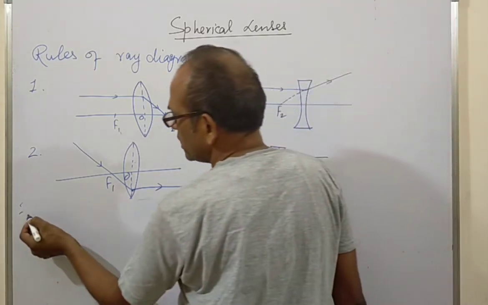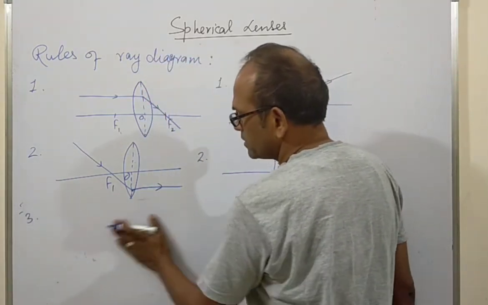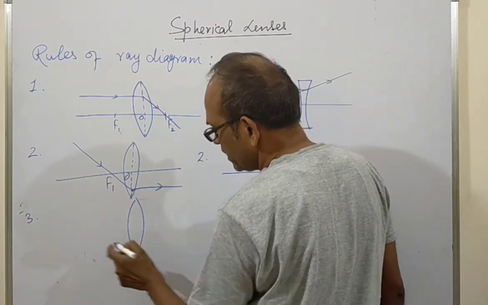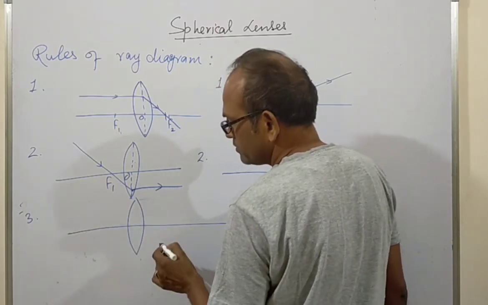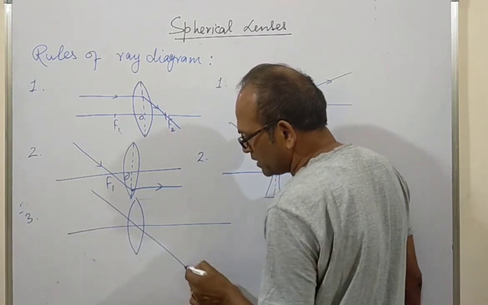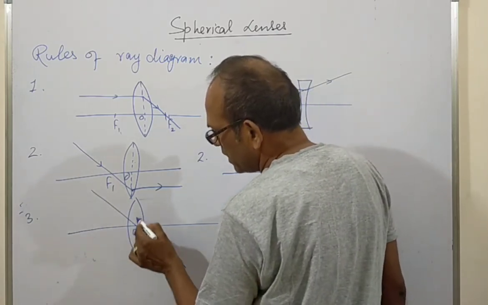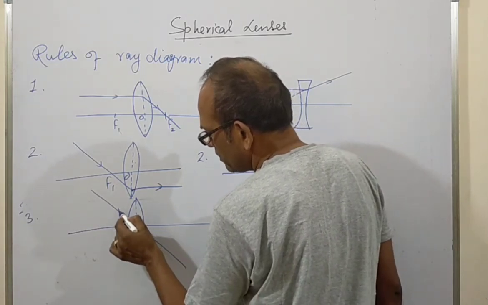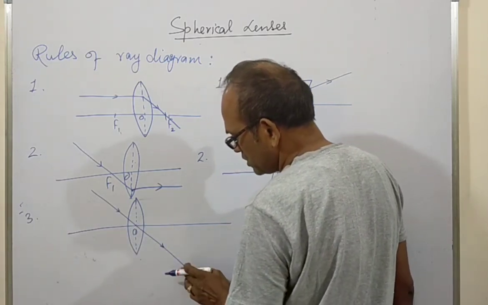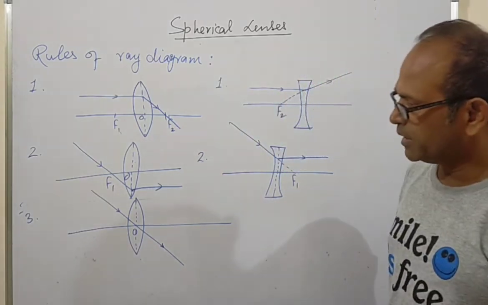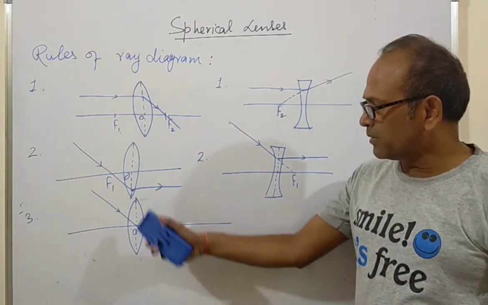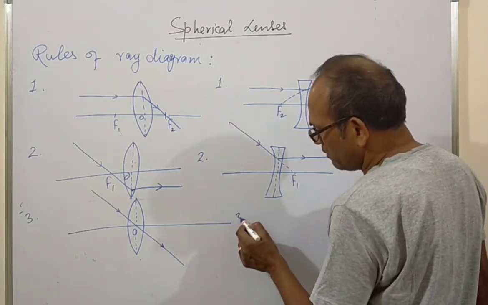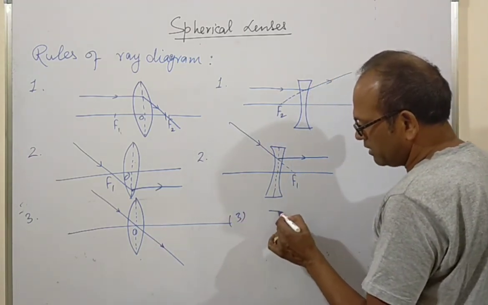Right. Third rule. What does the third rule say? The third rule is if a ray of light is passing through the optical center, students, then it will emerge out without bending. It emerges out without bending, whether it is a concave or convex lens.